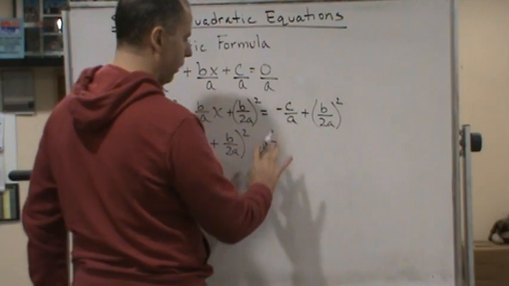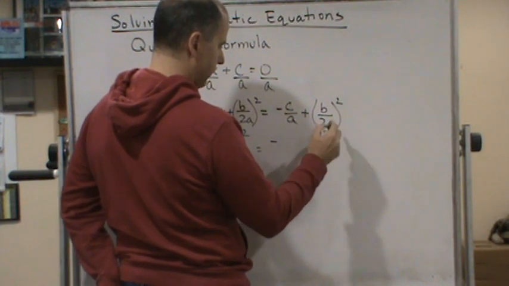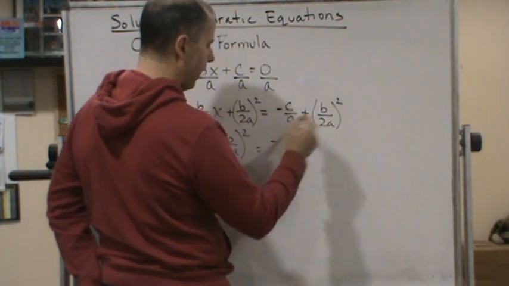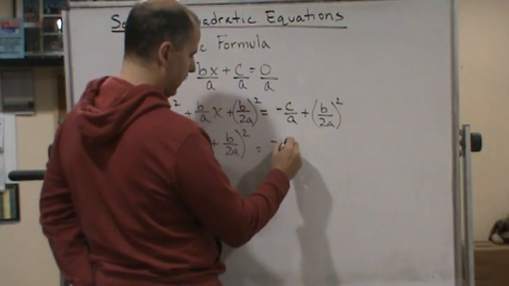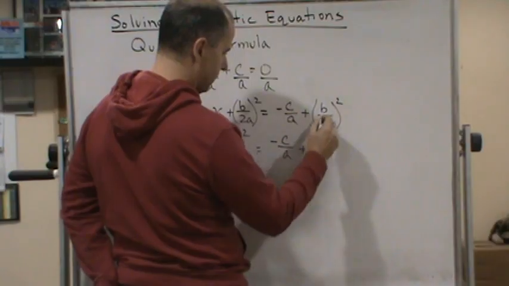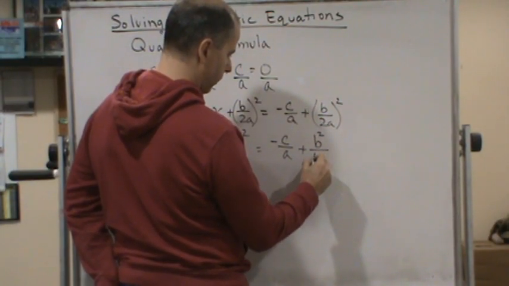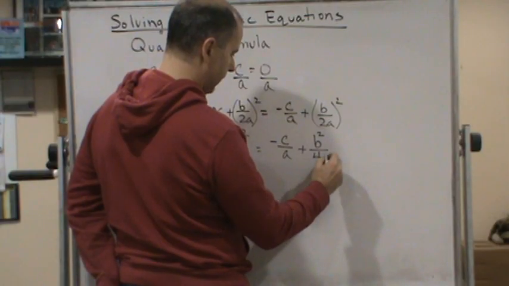Here, I'll just do it now. If I want to simplify this, this will give me c over a plus, now I'm going to distribute this. So this will give me b squared over 4a squared.